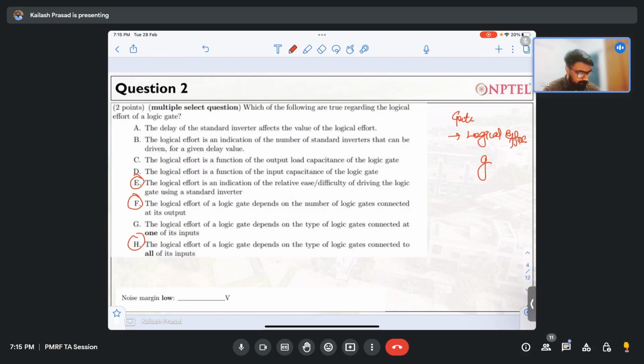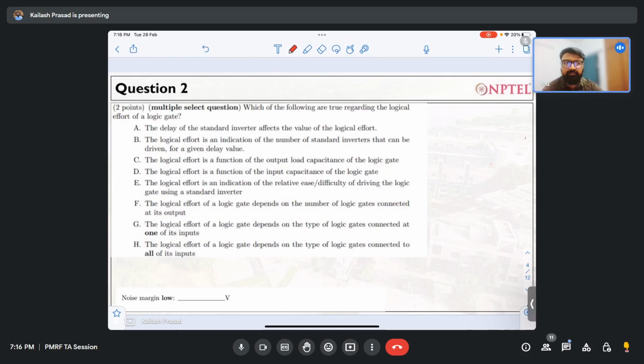Okay, so let me try to answer this. E, F, and H are the answers which I have got. One thing you have to realize when you calculate the logical effort is that whatever logical effort you get, you normalize with the inverter value. So the logical effort directly depends on the inverter.